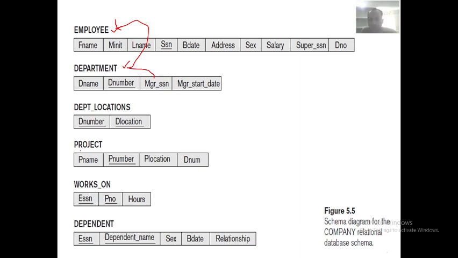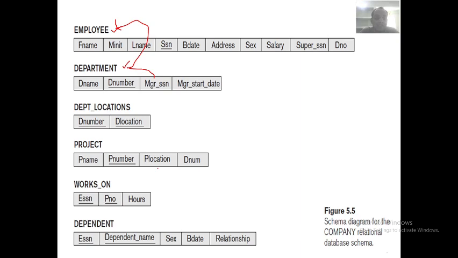Now, Leena, you tell me project. Project is an entity, sir. Project name, project number, project location, and department number.